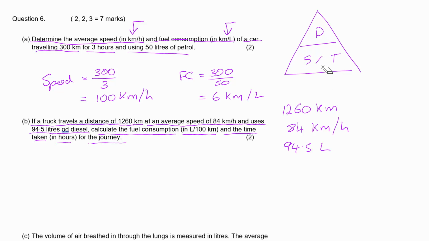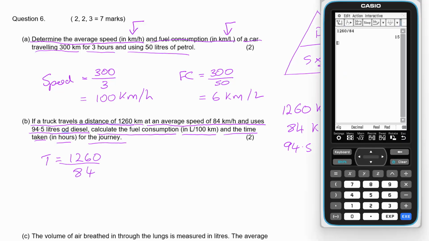Now, I'd probably use my triangle here, distance is speed times time, trying to work out time. So that's going to be distance divided by speed. So the time is going to be 1,260 divided by 84. So that is going to take me 15 hours.